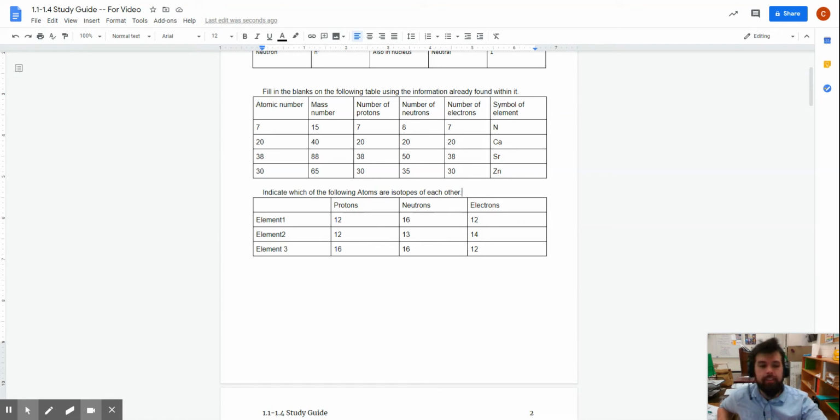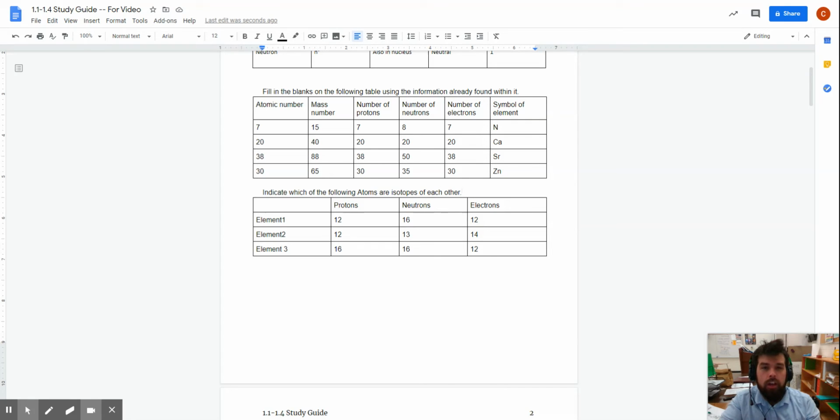Well, what is an isotope? An isotope is atoms that are the same element but different masses. So their mass number is different. If you're the same element, you have the same number of protons, because that's what determines the identity of the element.